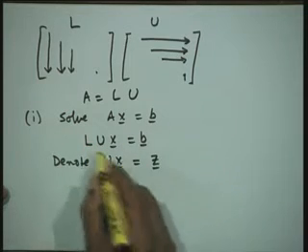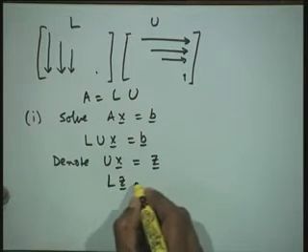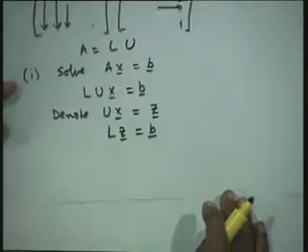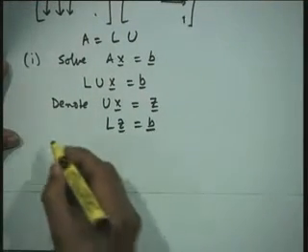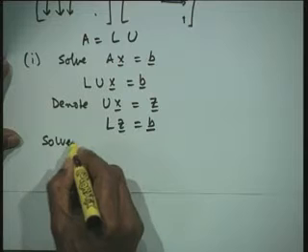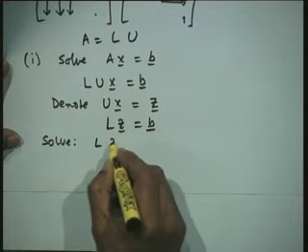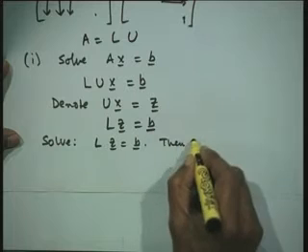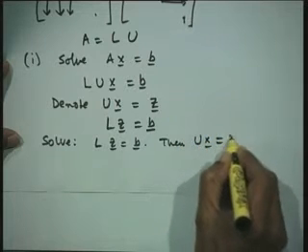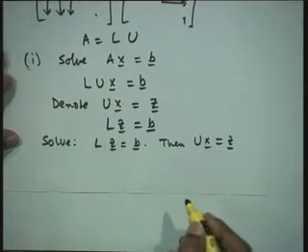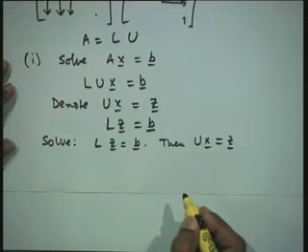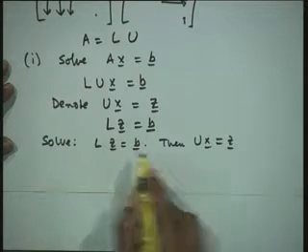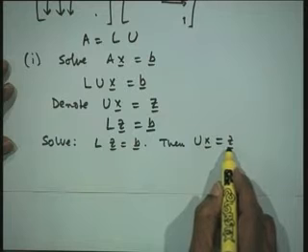Then this reads L z equal to b. Then we shall write down the method as: solve first L z equal to b, then solve U x equal to z.